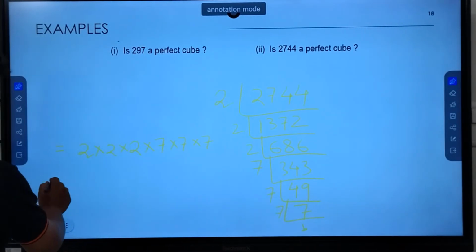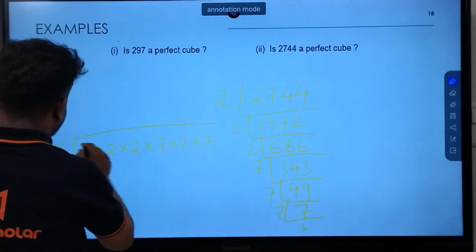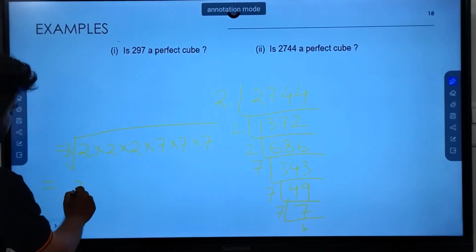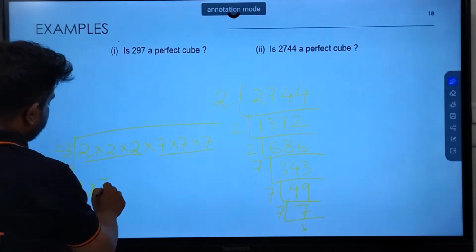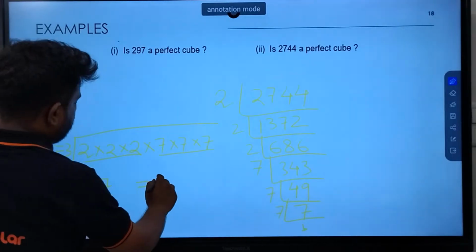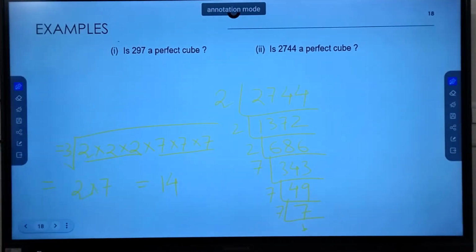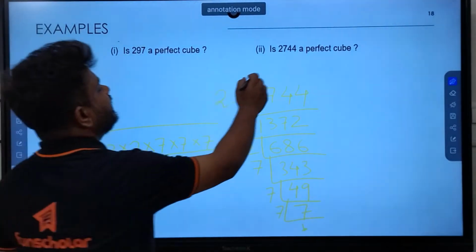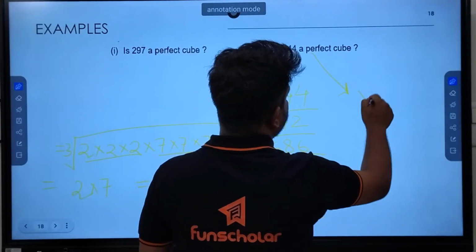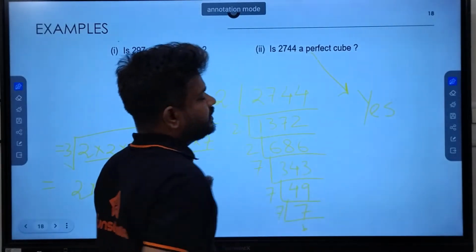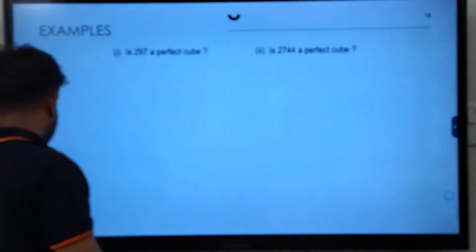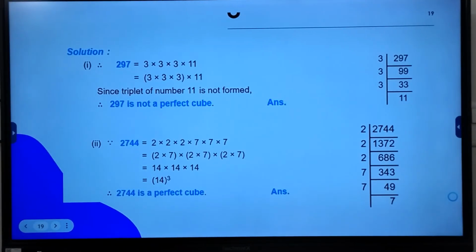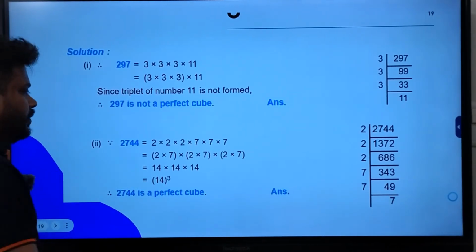So the cube root of this will be: take 1 two from 3 twos and 1 seven from 3 sevens, so it will be 14. So 14 will be the answer. So is this one a perfect cube? The answer is yes, this one is a perfect cube. So this one is not a perfect cube and this one is a perfect cube.